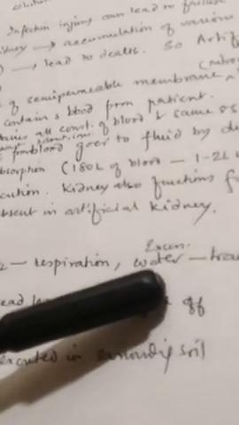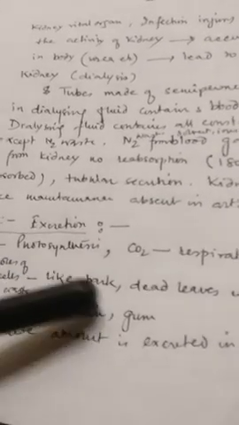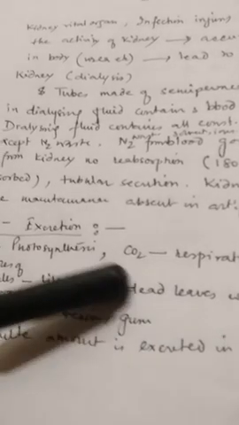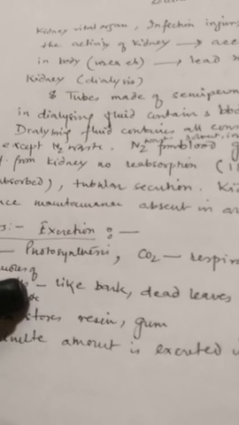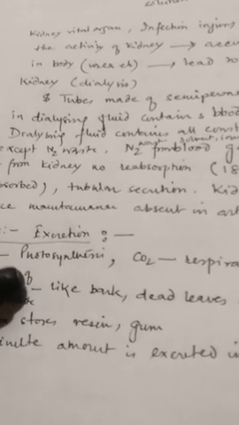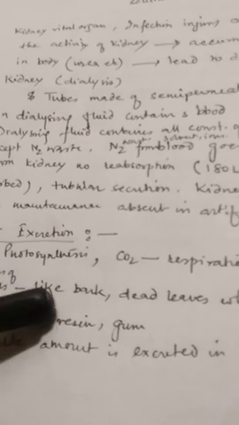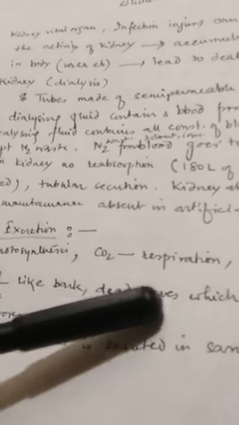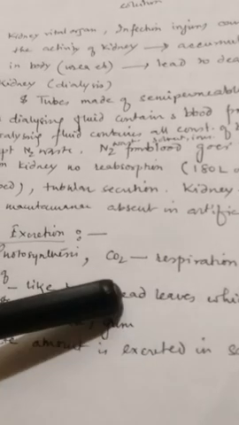Excess water is excreted during transpiration. The dead cells like bark and dead leaves fall off. Why? Because they contain lots of excretory products. Clear? The vacuoles of the dead cells are filled up with excretory products, which fall off, and the plant gets rid of the excretory substances.